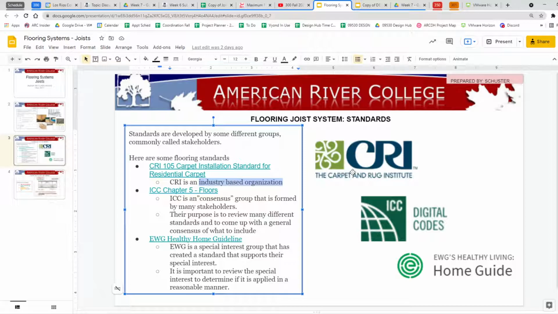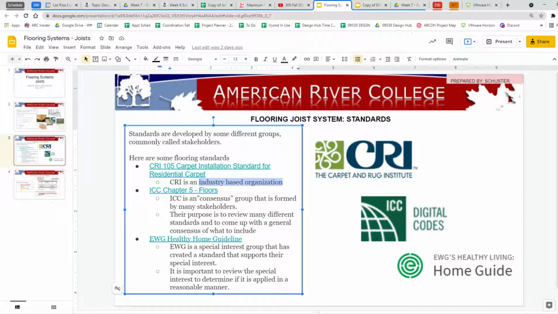Now if this was like one floor company that was pushing their own product, you sort of go, really? No. But if you look at who belongs to the Carpet and Rug Institute, you'll find a lot of manufacturers, and they cover a wide range of products and a large area of the country.